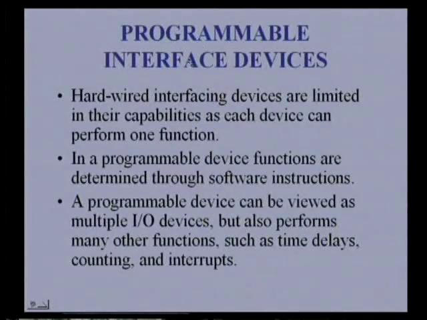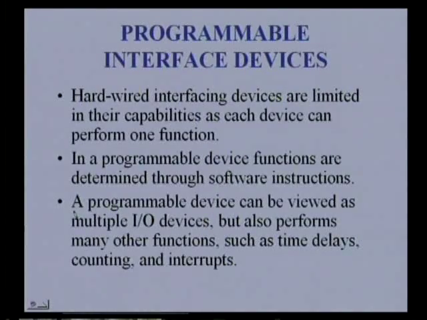These are programmable interfacing devices. Hardwired interfacing devices are limited in their capabilities, as each device can perform one function, whereas in a programmable device, functions are determined through software instructions. We write some control words into control registers of these programmable interfacing devices to alter their functionality.